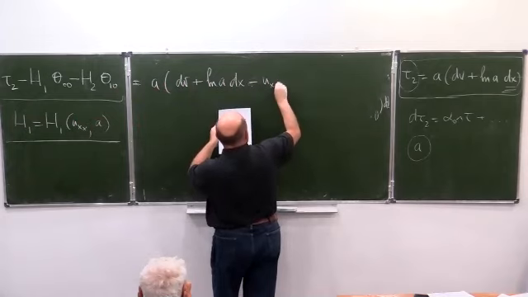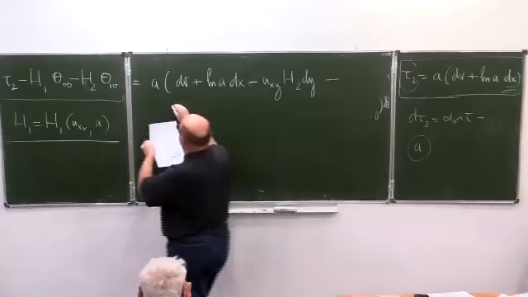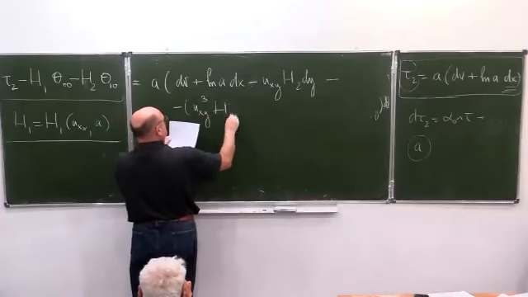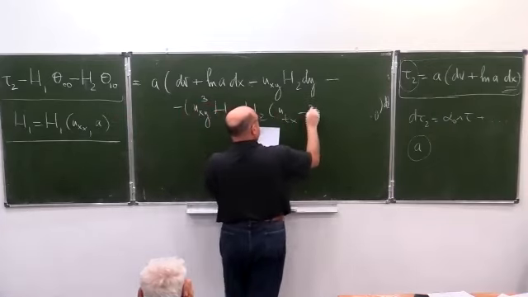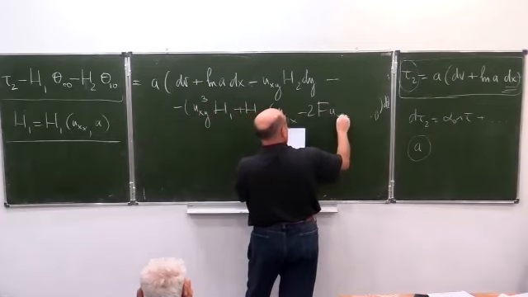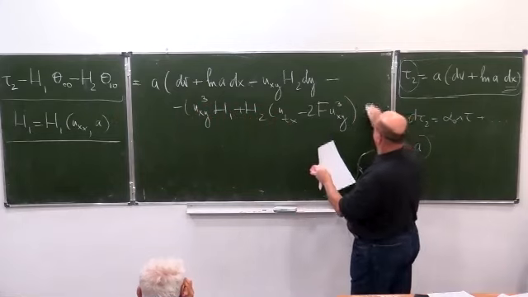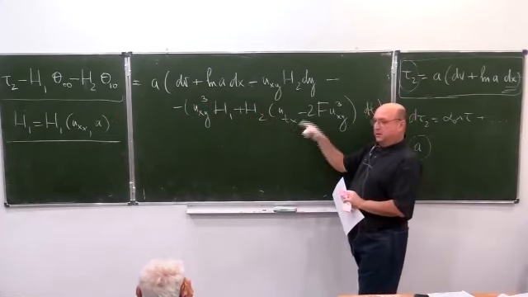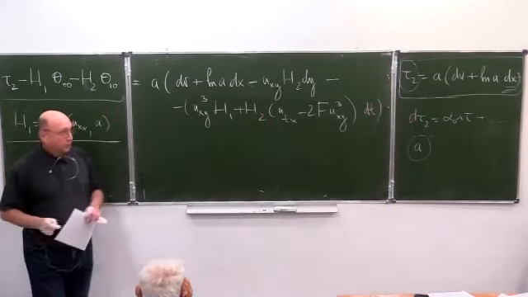Minus uxy h2 dy minus uxy 3 h1 plus h2 utx minus 2 fuy 3 dt. But we say this will be the Wahlquist-Estabrook form of our covering.